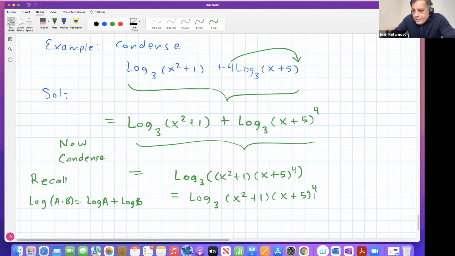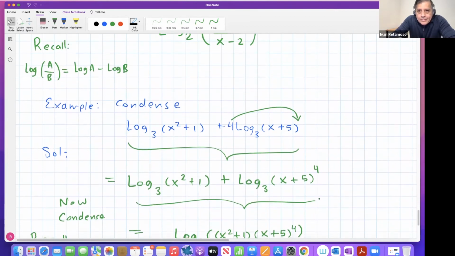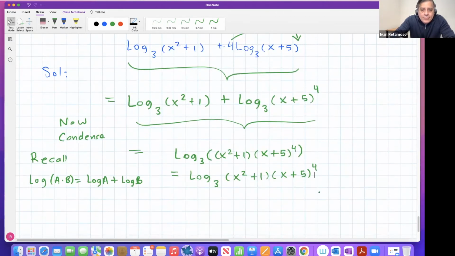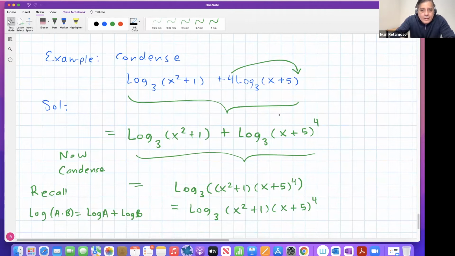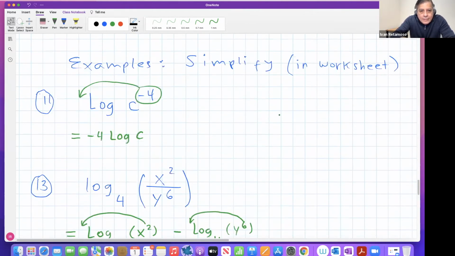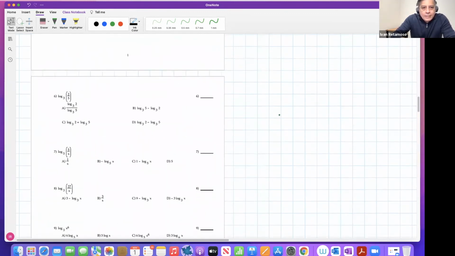Okay, guys. So now let's go over together some exercises for you to practice the use of these properties towards simplifying or condensing logarithmic expressions. So let's go back here to the worksheet and let me ask you to do some work here.